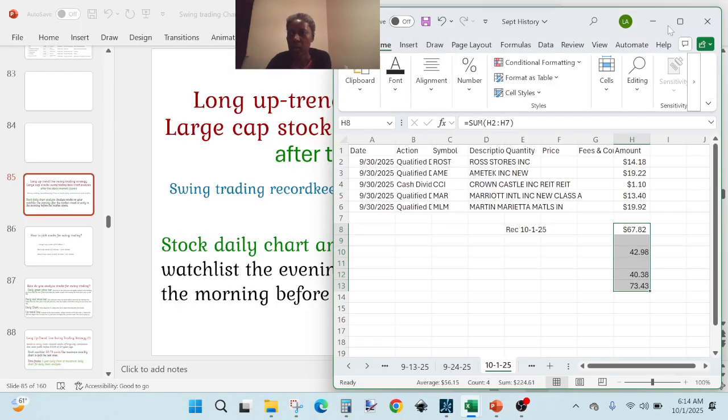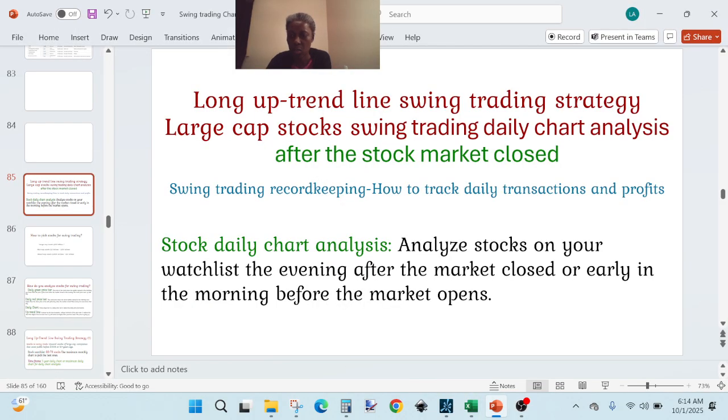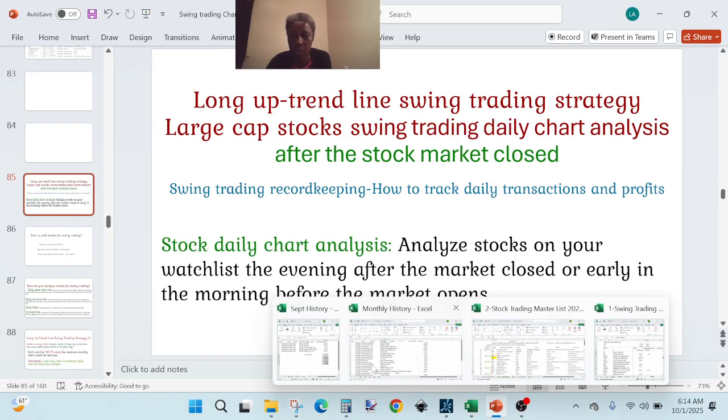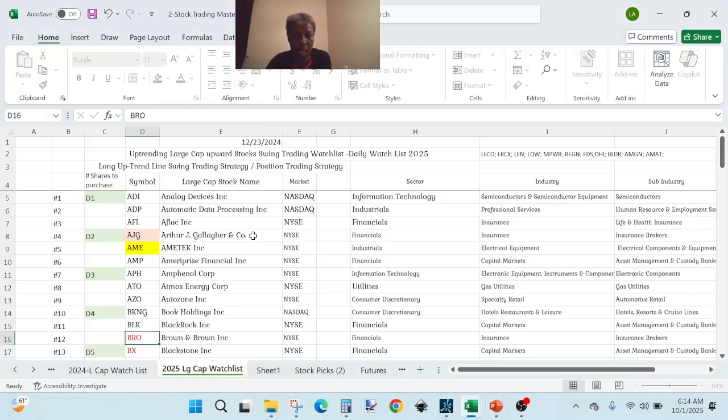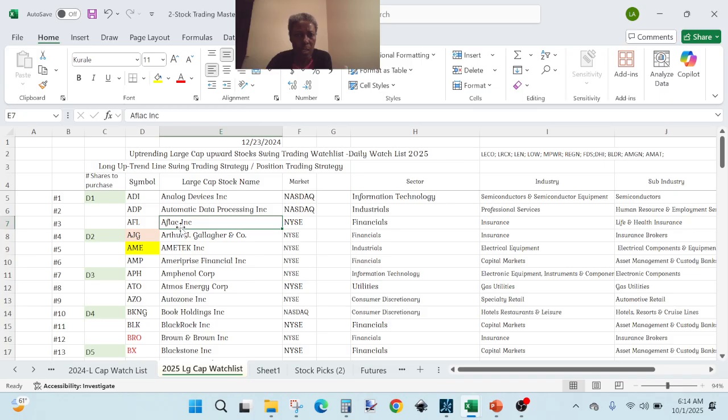So now today is October 1st 2025. Let's do some stock analysis here, and see the market close on September 30th 2025. Let's analyze 3 stocks from our list here.